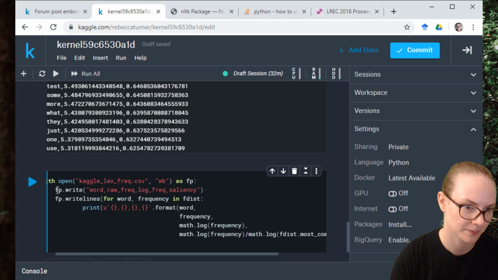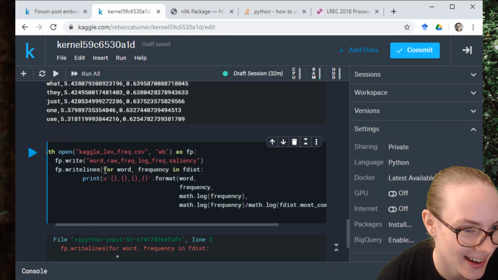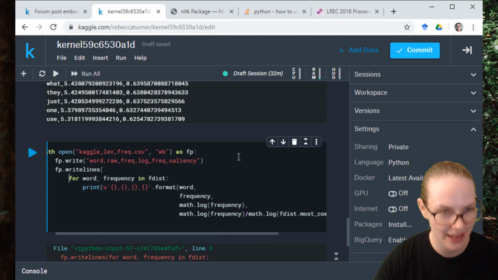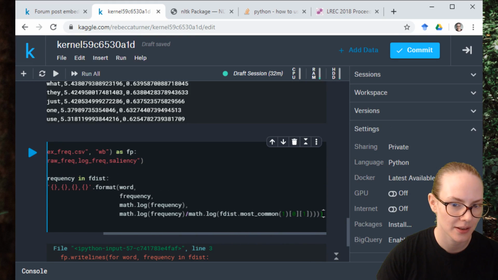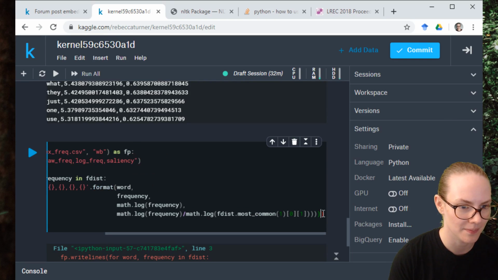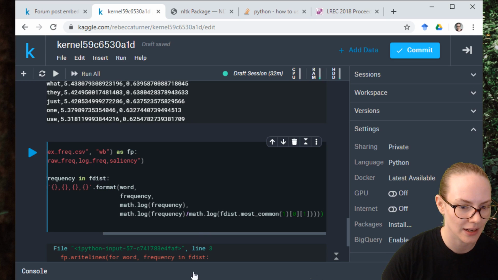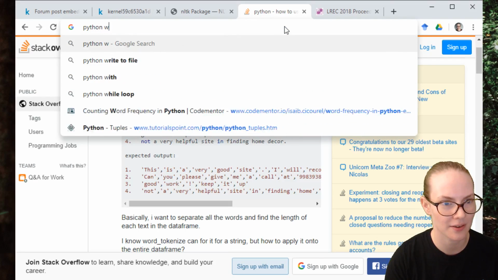Not gonna work? No, it is not gonna work. Okay, so I can't write lines in a loop, maybe? Or maybe I need one more of these? Nope, that's not it. All right, let's check this. Python write lines in a loop.